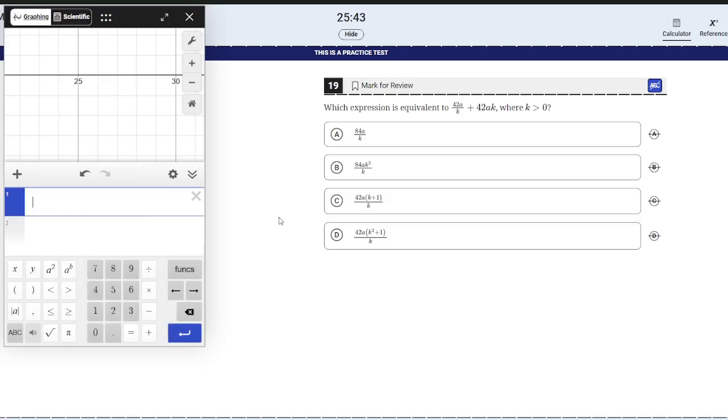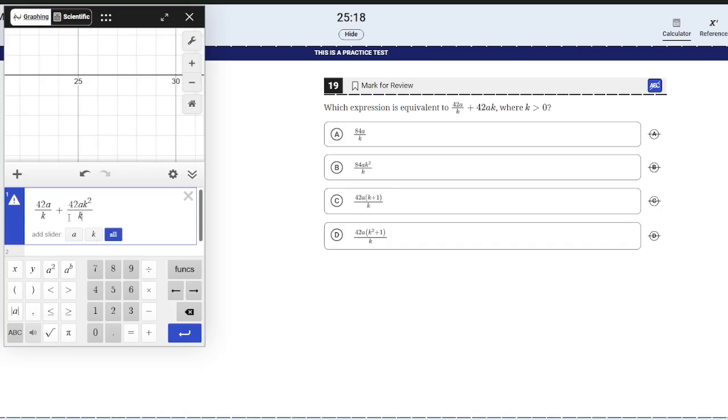Okay, so which expression is equivalent to 42a over k plus 42ak? So we're going to have to have a k on the top and bottom. So essentially, when I say that, you want the denominator to be k. So now we have to multiply k on the top over k.